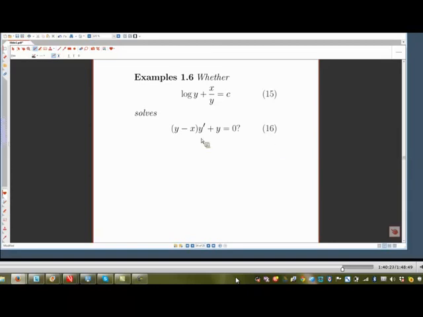So for this differential equation, if you would like to solve, this is an implicit solution and we can differentiate step by step here. Logarithm function, y is a function of x. So 1 over y dy over dx by chain rule, we will get a derivative of that, plus by quotient rule we can differentiate this.